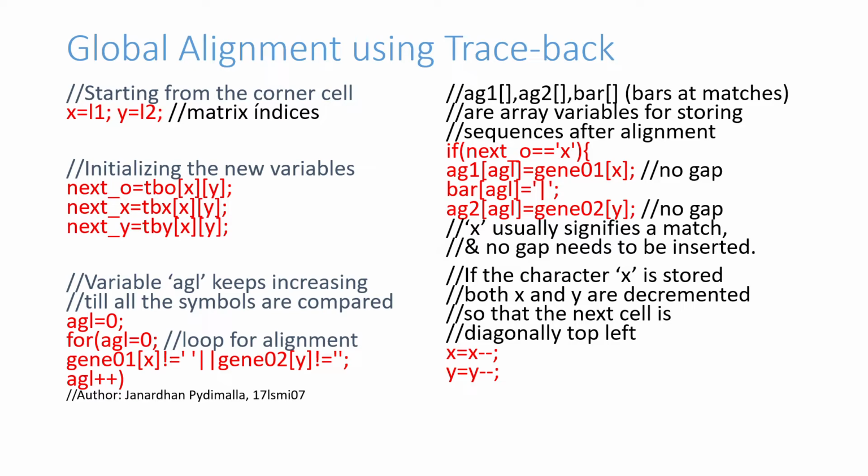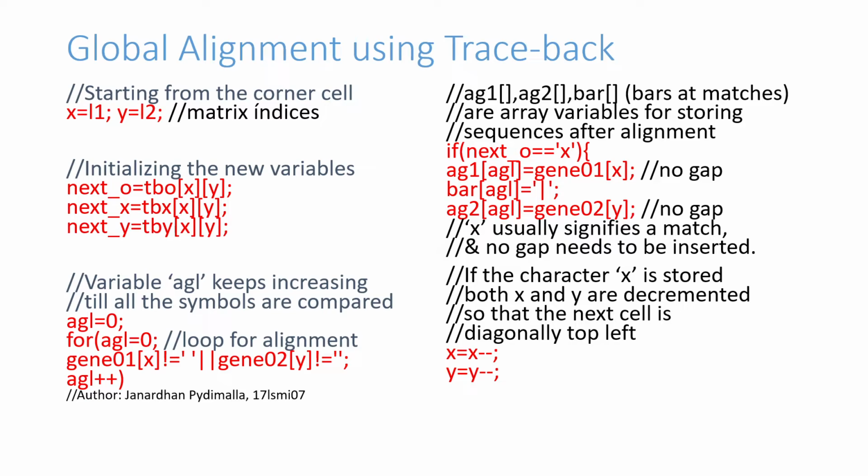I initialized three new variables: next O, next x, and next y, with direction array variables TBO, TBX, and TBY, so that updating will be easy. The variable keeps increasing till all the letters in the two sequences are covered.